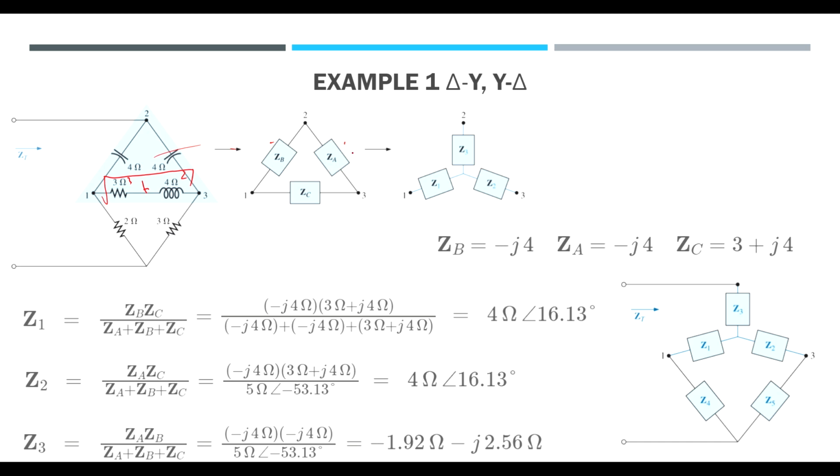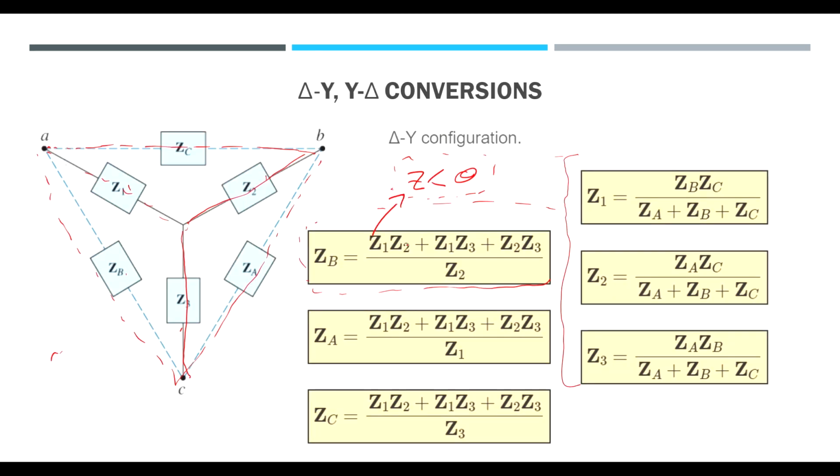And then from this particular case, we can get a Y configuration. So we just saw how to do that. We go to Z1, Z2, and Z3. And be careful because Z1 is the impedance connecting the point between C and B, so you have to name it correctly.